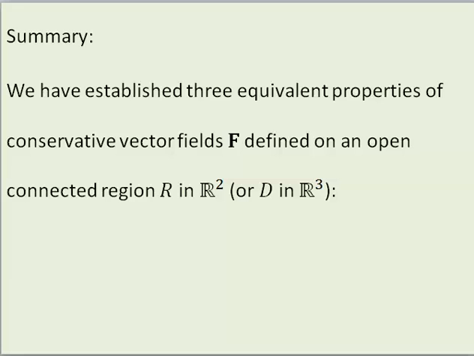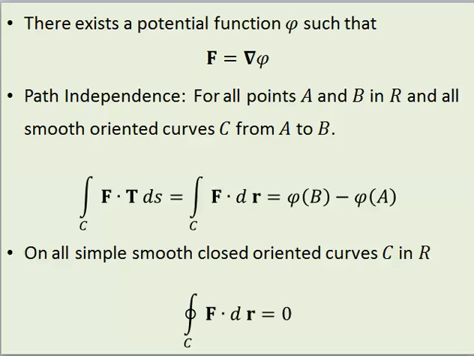All right, so we have established three equivalent properties of conservative vector fields defined on an open connected region in either 2- or 3-dimensional space. So each of these properties are equivalent. There exists a potential function phi such that F is the gradient of phi.